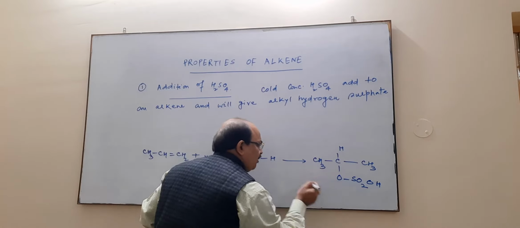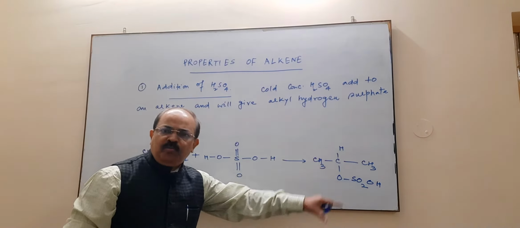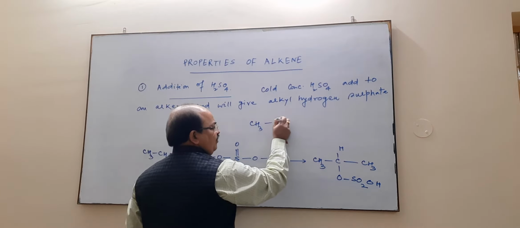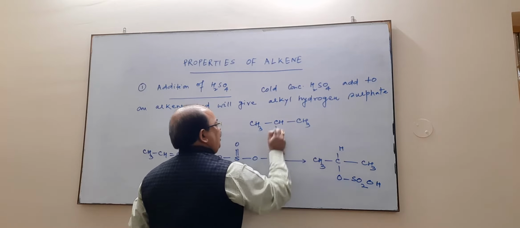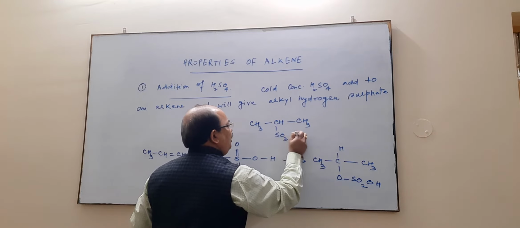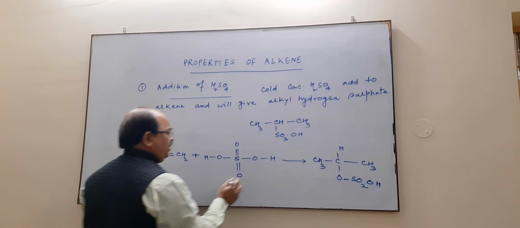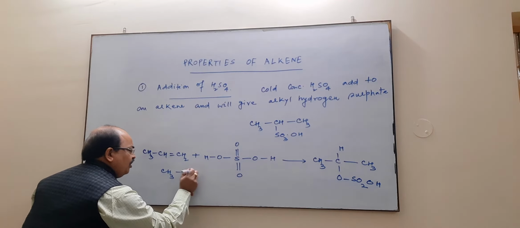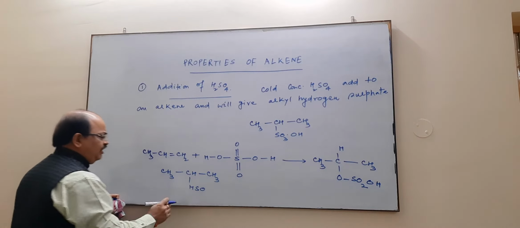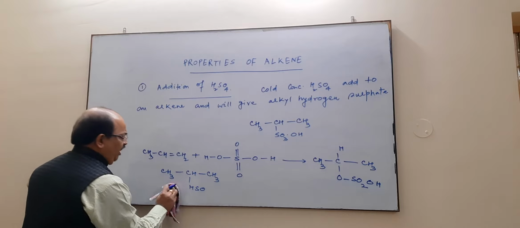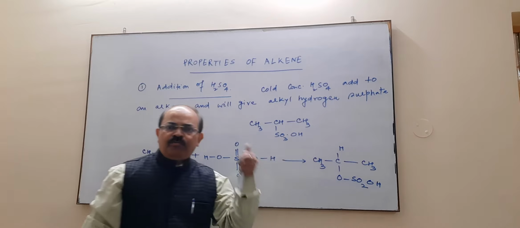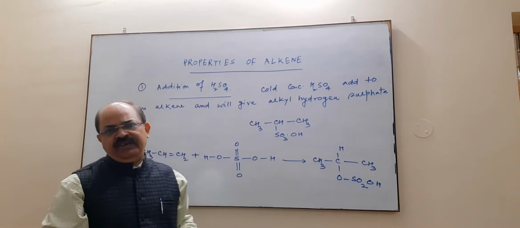So this is propyl hydrogen sulfate, which can be written as CH3CH, this is CH3, and in condensed form you may write SO3OH, or you may write CH3CH, CH3, in a simple way like HSO4. But better to write in this way. So this is propyl hydrogen sulfate.